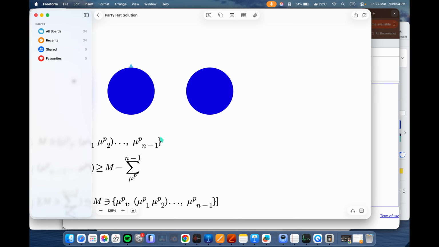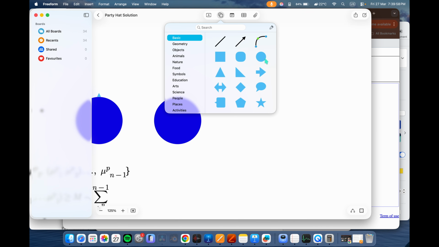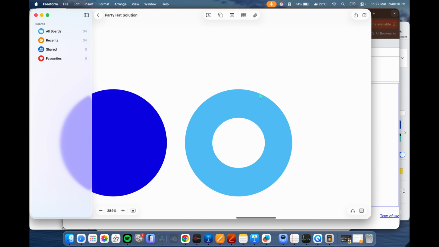So imagine a sphere and a torus. Give me a sec. Imagine this sphere and a torus. So this torus can be stretched and bent, but it can be obstructed in some certain way.